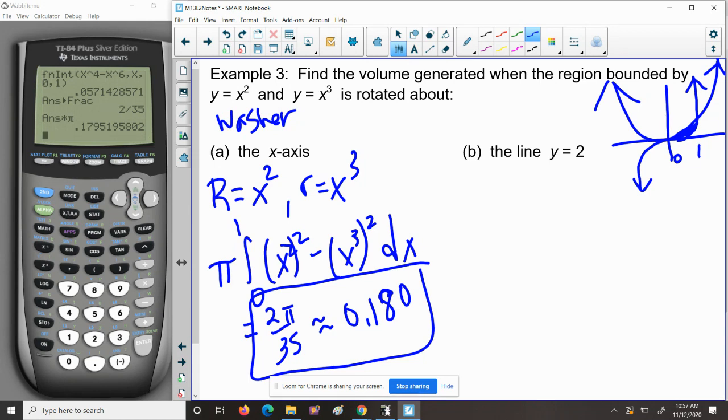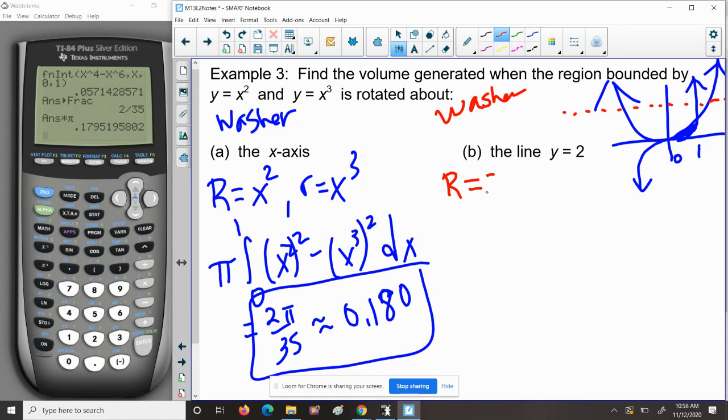All right, so part B, the line y equals 2. So now we're looking at a horizontal line above, and again washer, because there's going to be empty space. Big R, the distance from the line of rotation to the furthest part away, to the further end of the region. We're going from that line of rotation down to x cubed, because that's at the bottom. That's the furthest part away.